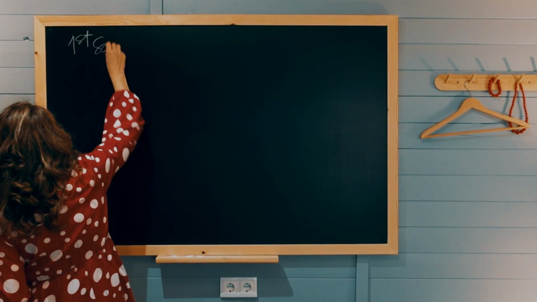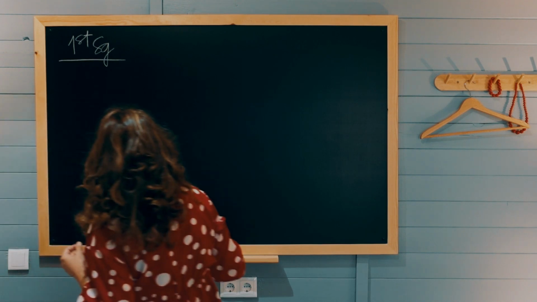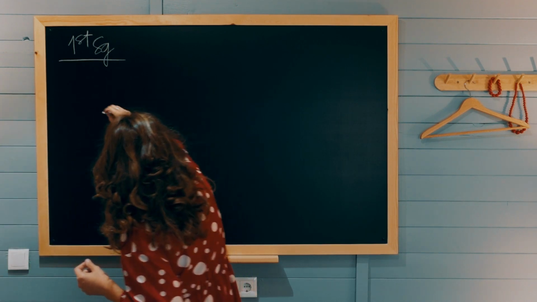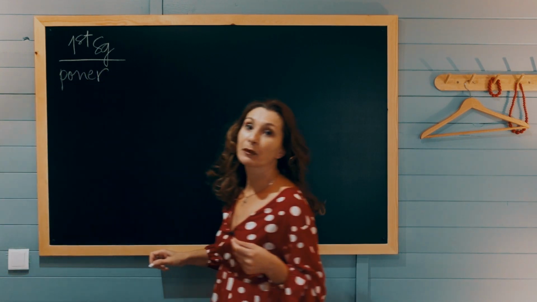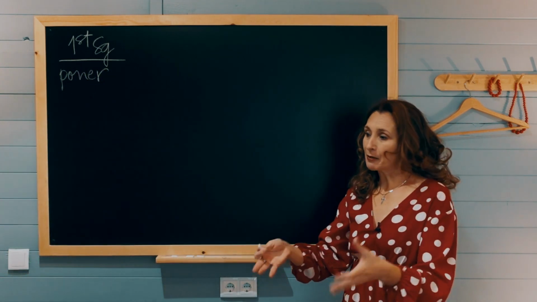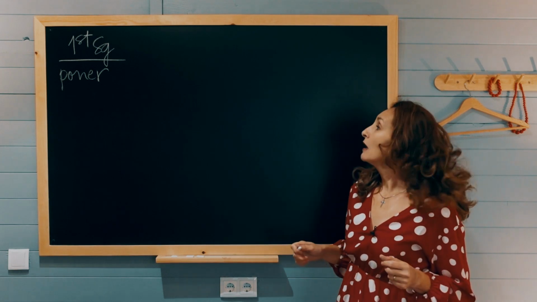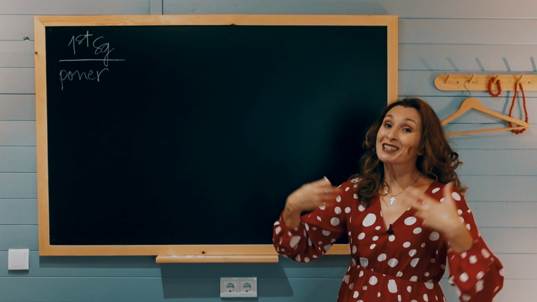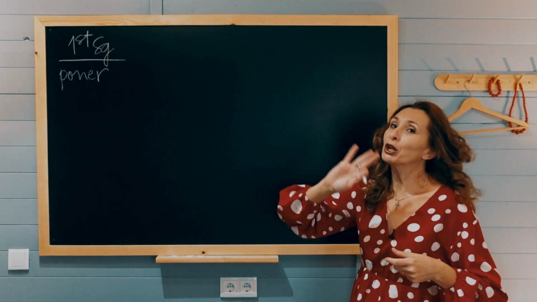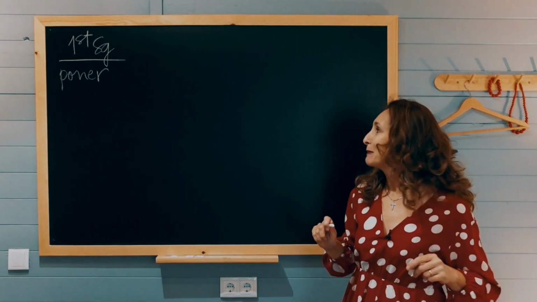First person singular, and the verbs here are poner. Poner is to put something down or to place something down, to put something on, to wear something. Poner has a lot of different meanings.